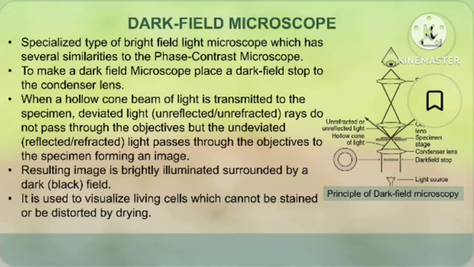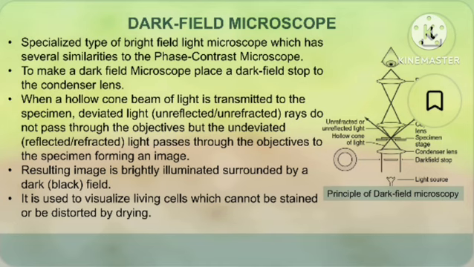And next slides, dark field microscope. A specialized type of bright field microscope which has several similarities to the phase contrast microscope. It is used to visualize living cells which cannot be stained or destroyed by drying. It is used for identification of bacterial cells and to visualize internal organs.